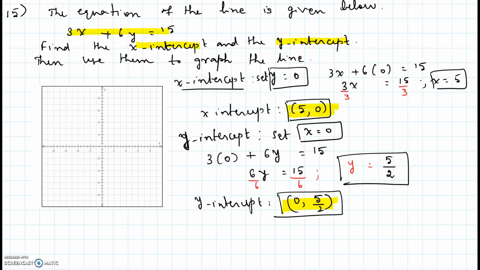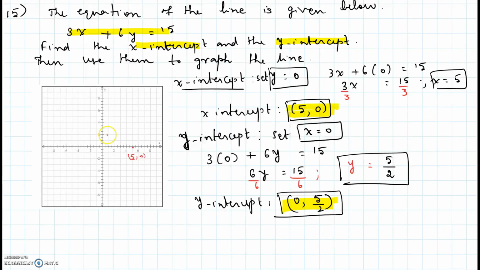So we have to mark them on the graph. So on the x-axis you have to plot (5, 0). That's the x-intercept. And on the y-axis, (0, 5 by 2). So 5 by 2 is 2.5.